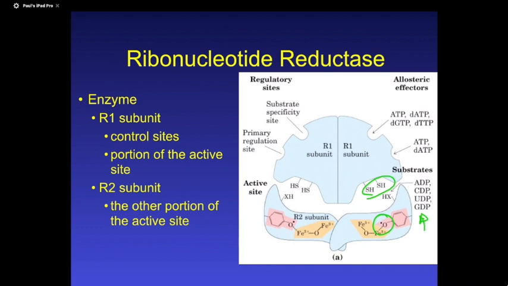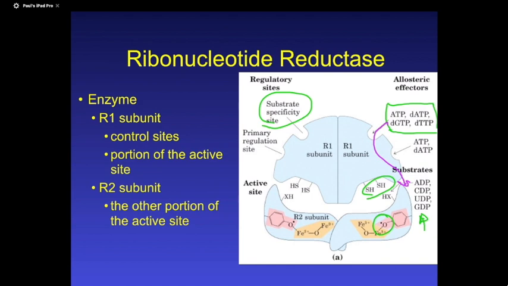And so the active site can bind all of them, but not at the same time. There are specificity sites. Depending upon what is bound here will cause the active site to bind one of these four.